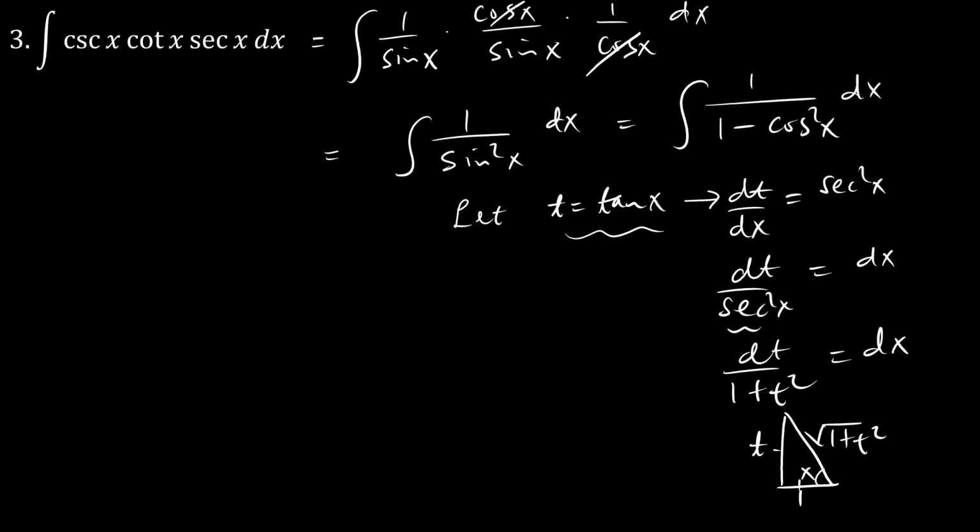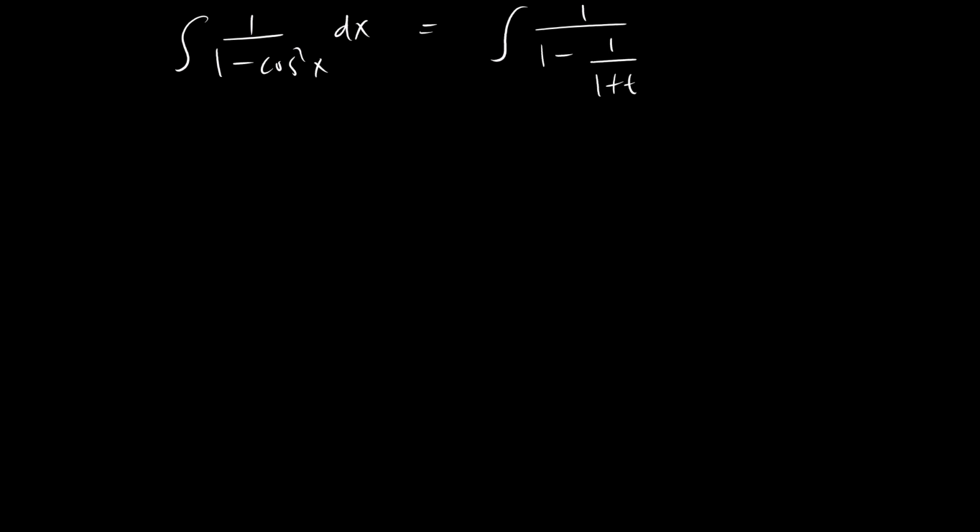Now, that means that our problem, the integral of 1 minus cosine squared of x dx, is the same as 1 over 1 plus t squared, minus 1 over the square root of 1 plus t squared, squared, and then dx is the same as dt over 1 plus t squared.